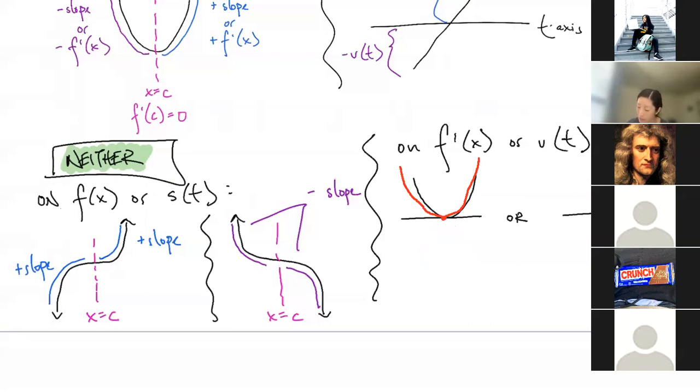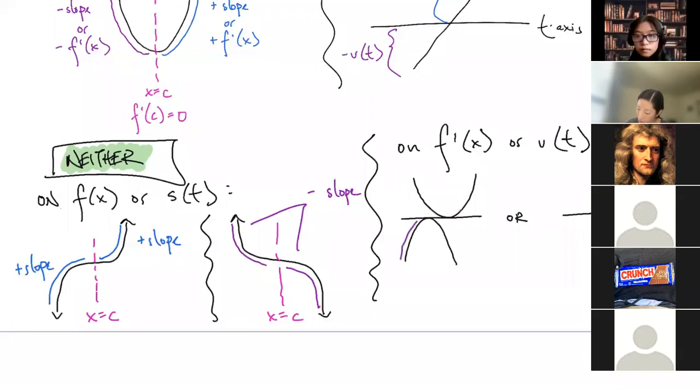Alternatively, it could be, as Graham said, when we're looking at the negative to negative, it could be something like this. So this is negative and negative y values. This is negative velocity, and this one is positive velocity.